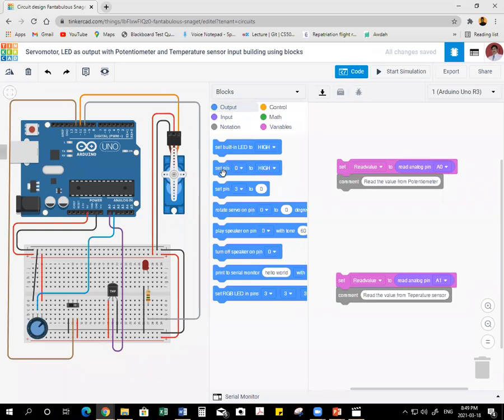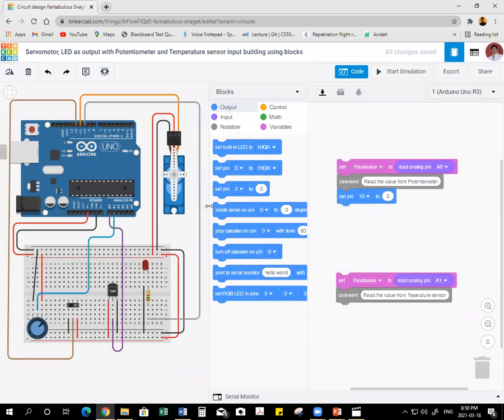Okay, now we have to set pin 10. Now we have to set the pin with some value. Okay, set the pin, how much, when we are reading from the potentiometer? So what do we have to set? We have to set the value. Set pin 10, where is pin 10?